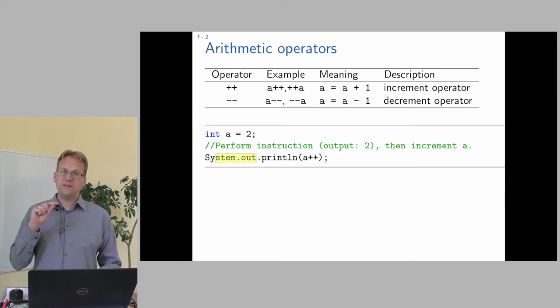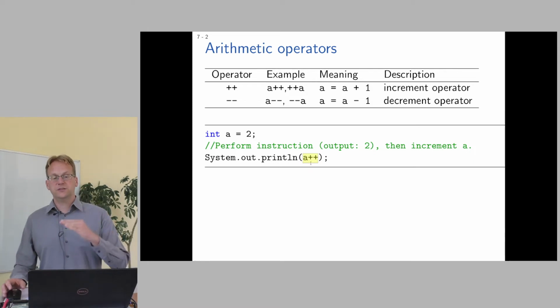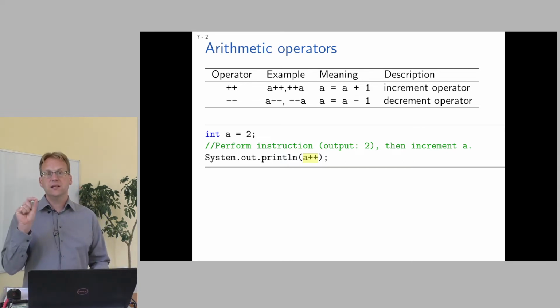And only after that, so after this whole expression here is evaluated, only afterwards this incrementation is performed. And only then we continue with the next line of code. So if this a plus plus occurs like this, that means this increment is always performed in the very last step of this whole expression.